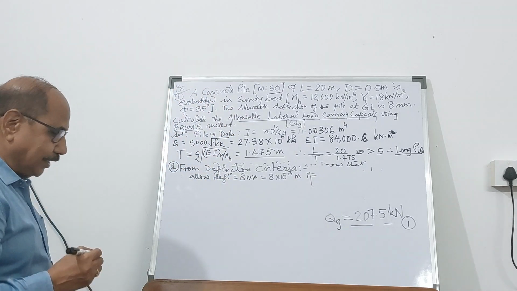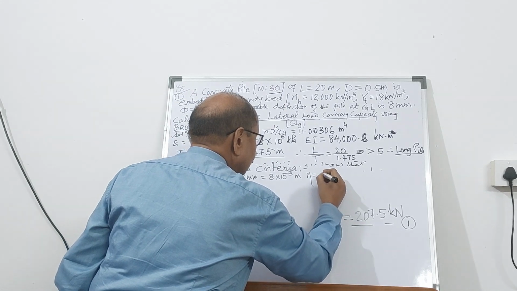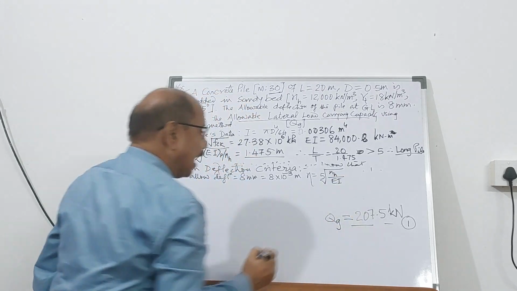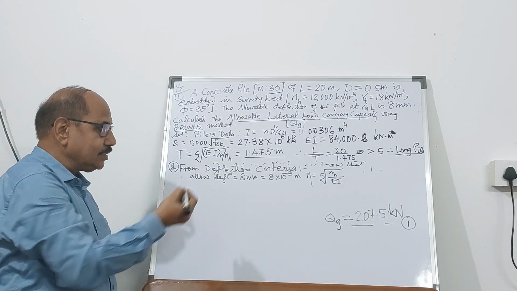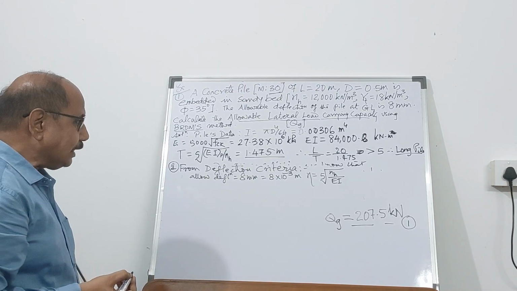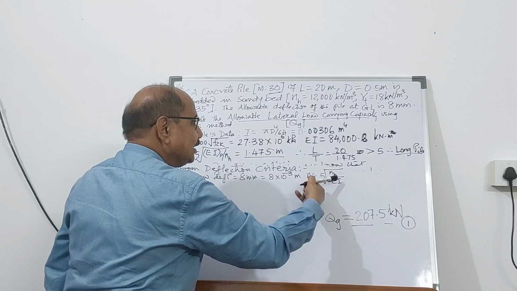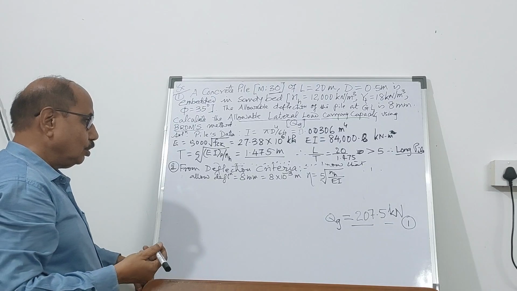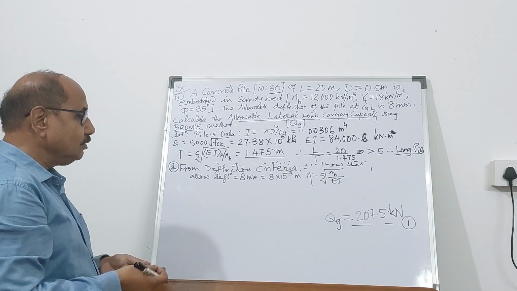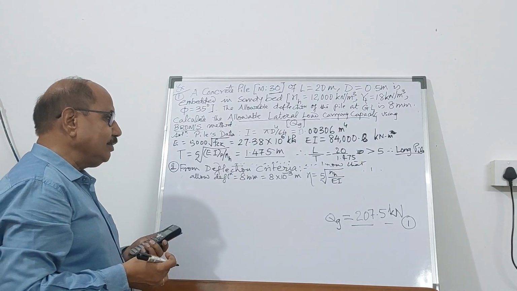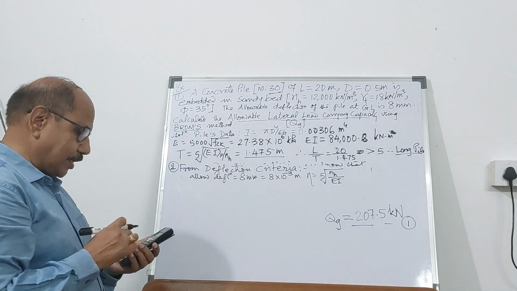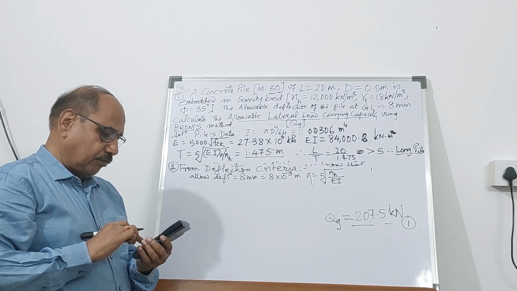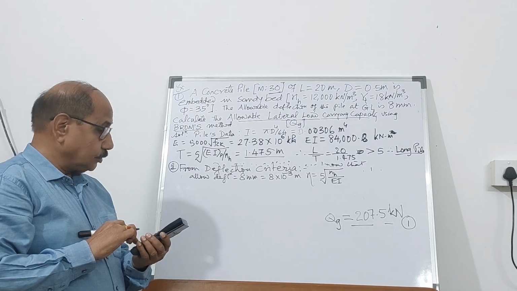Because it's a sandy deposit, eta is the fifth root of NH upon EI for the pile area. Already I have explained these things in the previous class. And NH is 12,000, EI is already calculated, 84,000. So 12,000 divided by 84,000, 1 by 7, and fifth root, so raised to power 0.2.